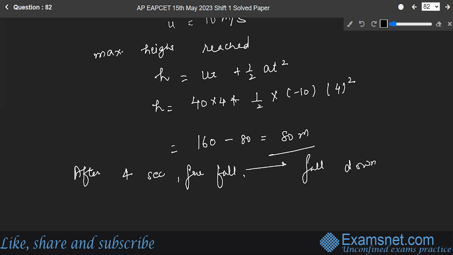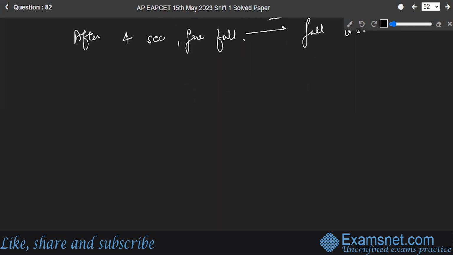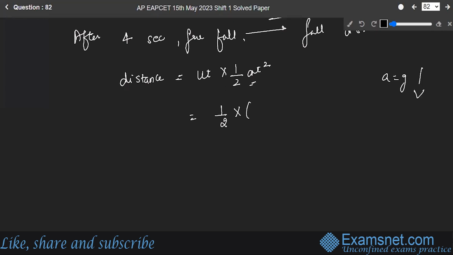So at that time, distance is ut plus half at square.